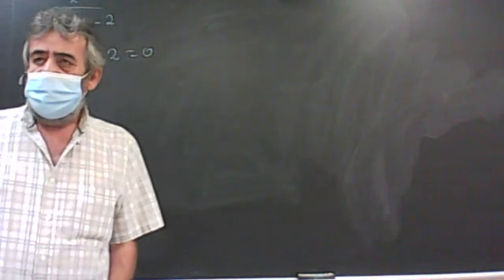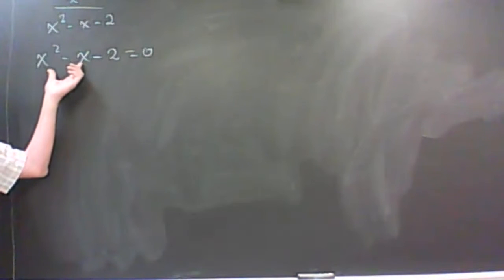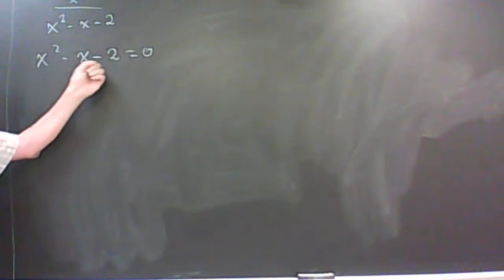To solve this, we need to factor the expression on the left. How do I factor this? Looking for 2 numbers that multiply to -2, but when you add them, you get -1. What are those 2 numbers?